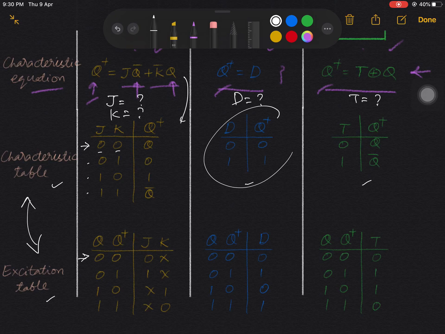Here, if the present state is 0 and the desired next state is also 0, we must set J to 0, and it doesn't matter what the value of K is, or we call it don't care. The following line is: if the present state is 0 and the desired next state is 1, we must set J to 1 and K is don't care, and so on.